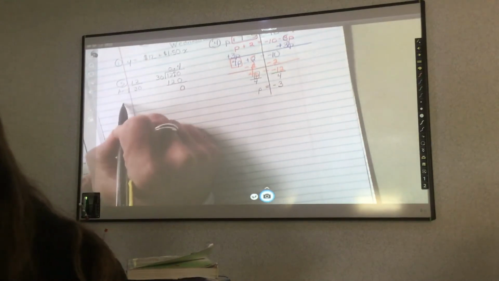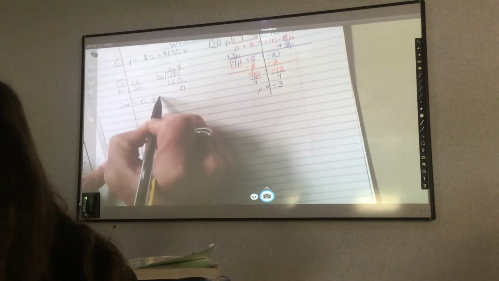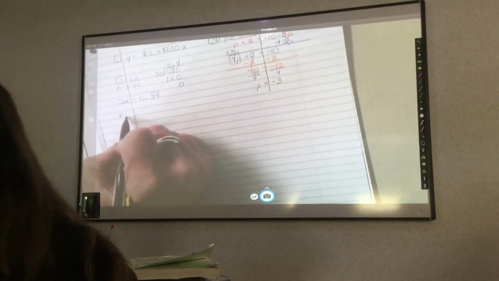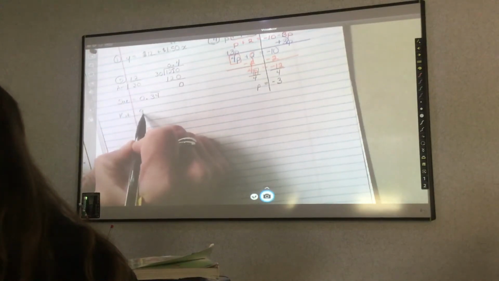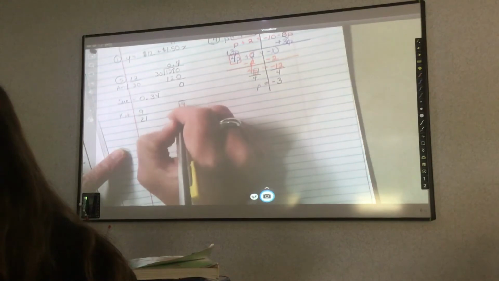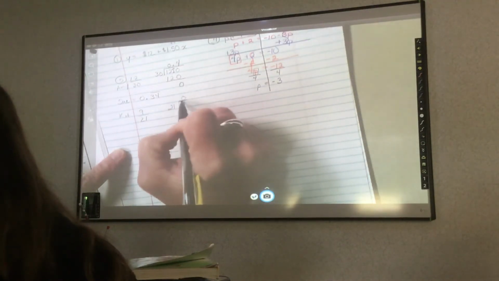Sue already wrote hers as a decimal, which was 0.34 repeated. Kit wrote hers as 9 out of 21. So I need to figure out Kit. 9 divided by 21. 21 does not go into 9.